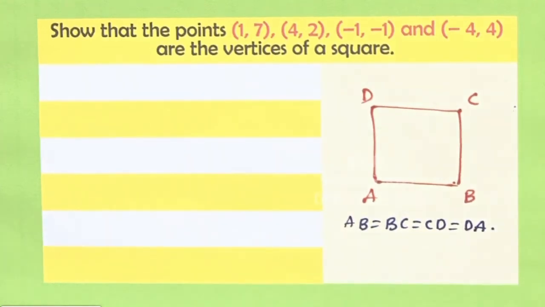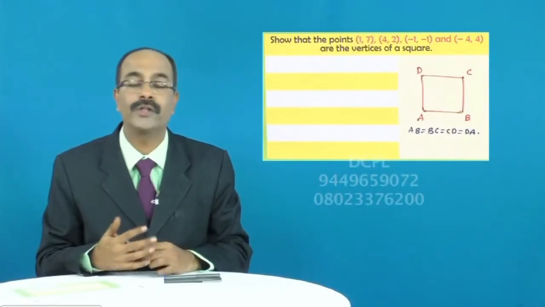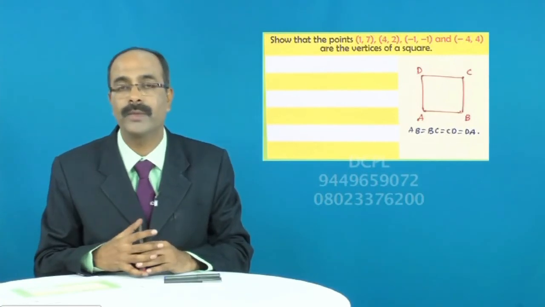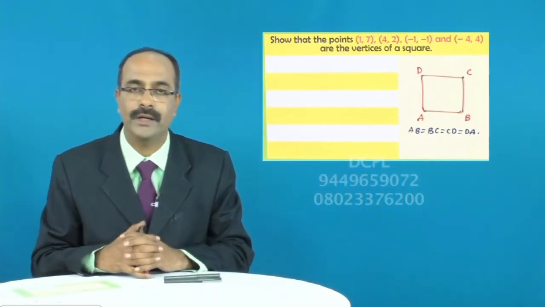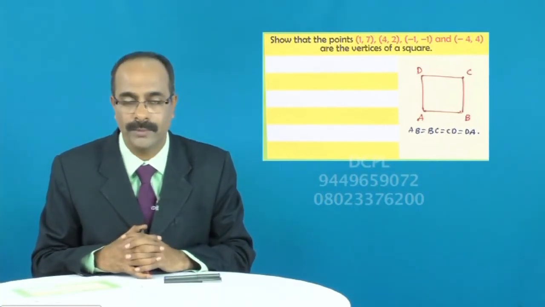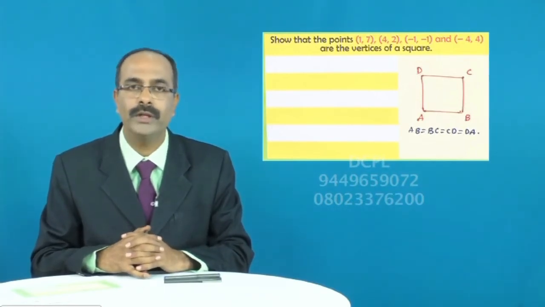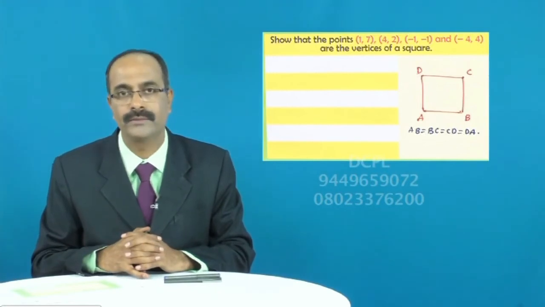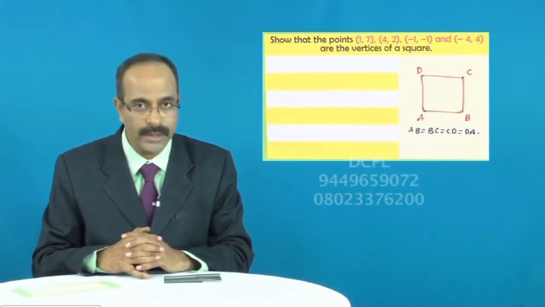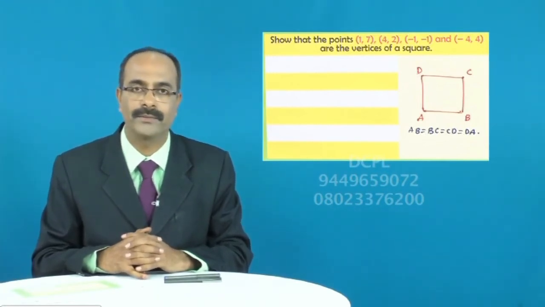And of course, the angle should be 90 degrees, the diagonals should bisect each other. But considering the present problem, what we will do is prove that all the 4 sides are equal. And the diagonals must be equal, that we can talk about later.